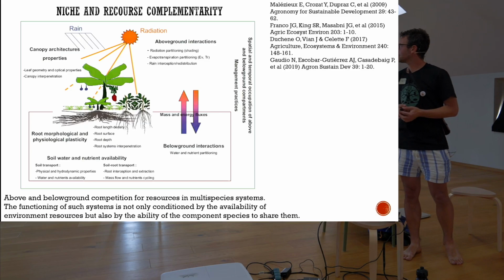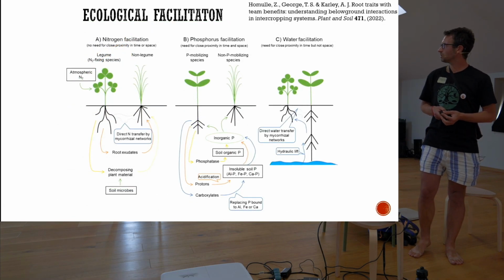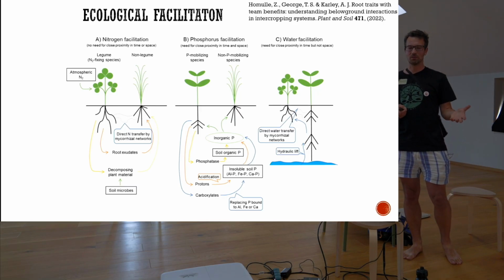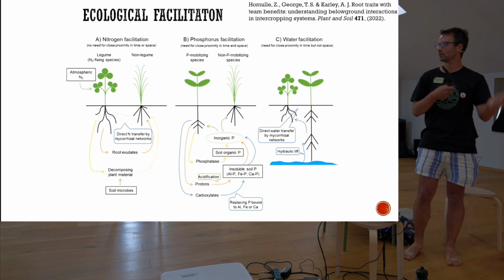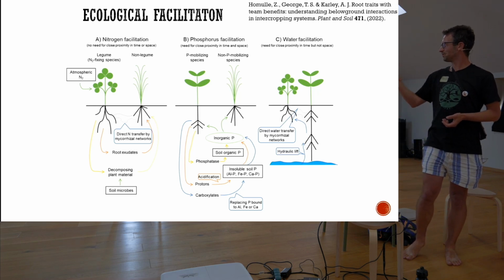And the second process enabling high productivity of polyculture is ecological facilitation. When one plant makes one resource more accessible to another, or makes conditions better for another, like a better microclimate for other plants. So you know most of this.